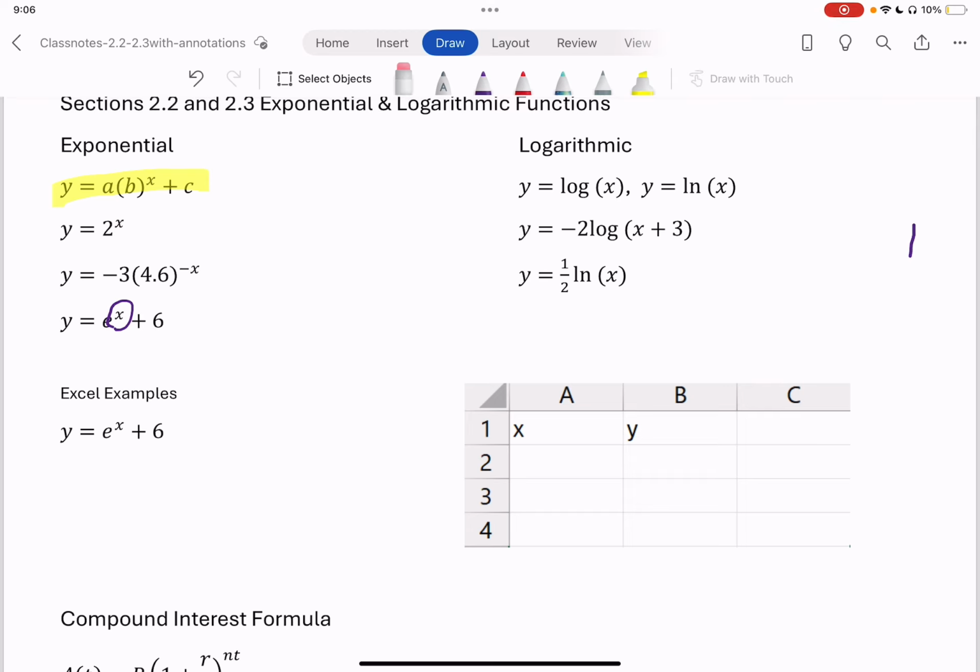Now, if you have logarithmic functions, in this class we're mostly going to work with the base 10 log and the natural log. Here are a couple of examples. Like I said, we've already used these a little bit in formulas early in the semester. So let me show you a few examples of how this all works.